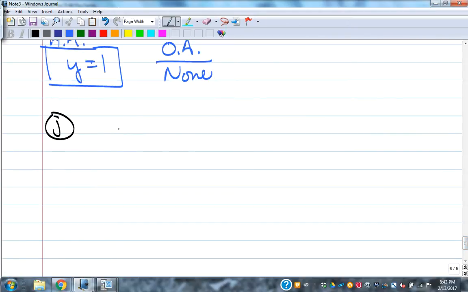Example J. f of x is equal to x squared minus 4 over x minus 2. Do the boring part.